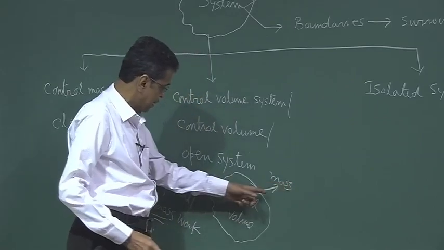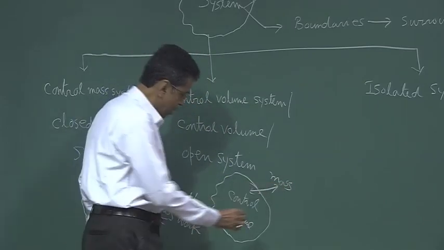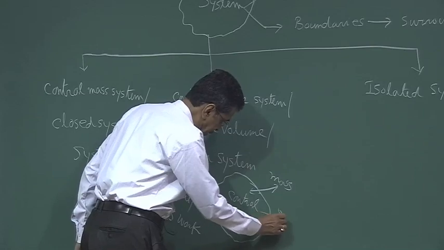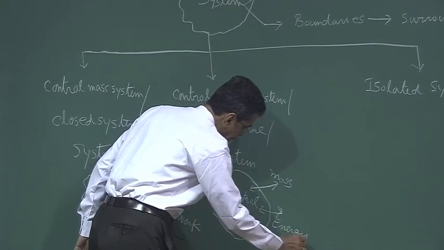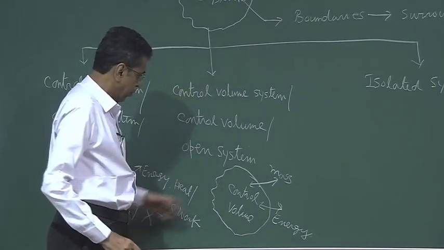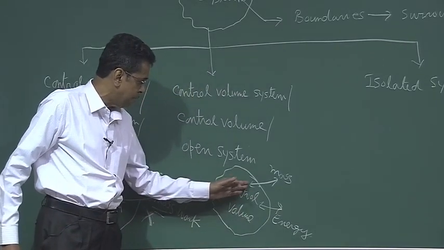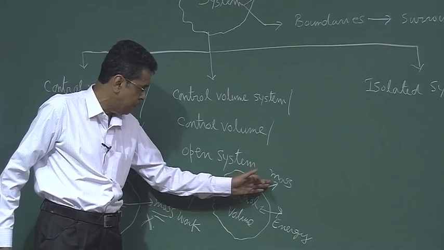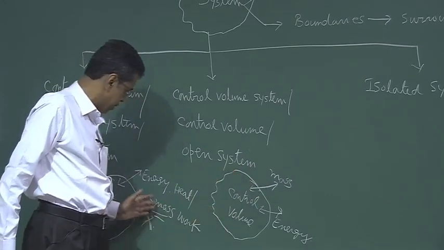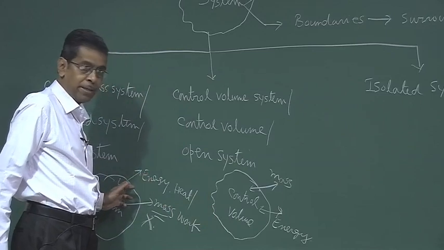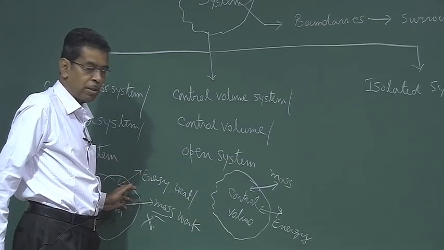That means mass can come in, can go out, and also energy transfer in both directions in the form of heat and work. So the control volume boundary allows the mass transfer from the system to the surrounding or from the surrounding to the system, that means across the boundary. All these mass transfer and energy transfer take place across the boundary of the system.